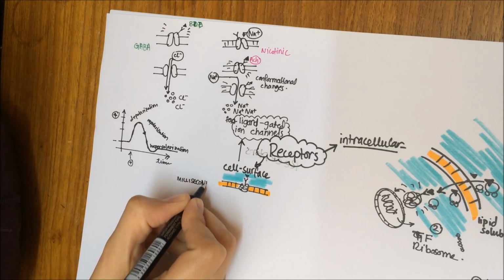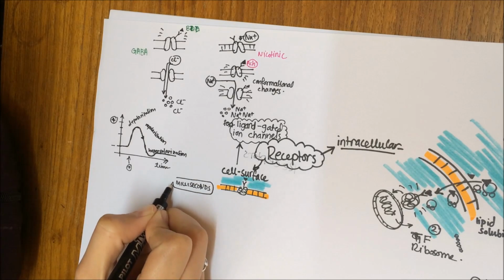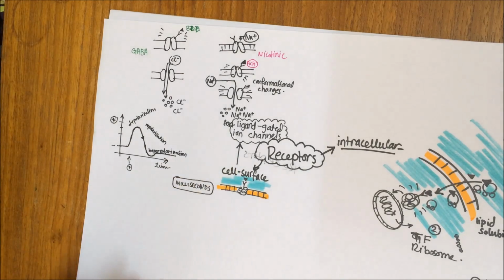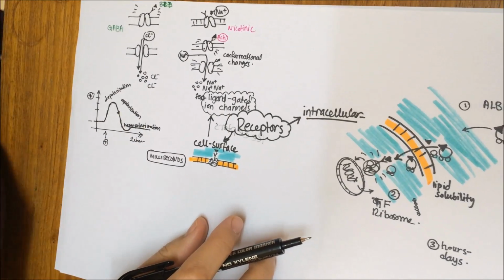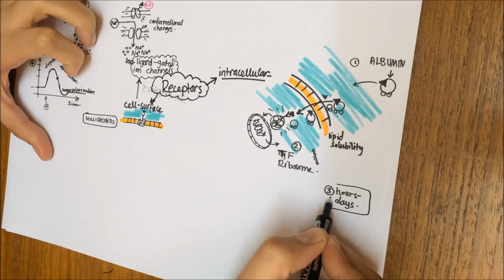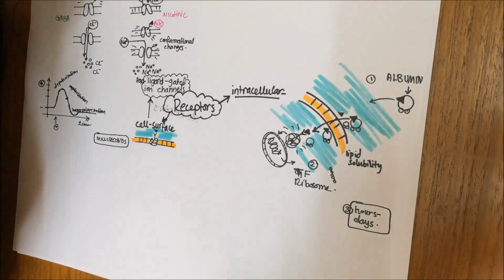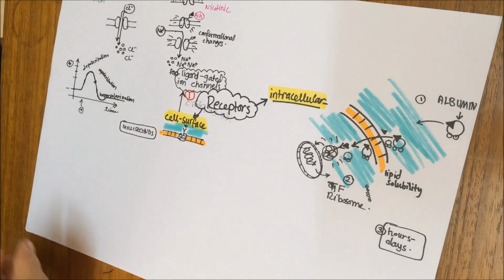It is very fast because you just open the channel and the ions will get to the inside. In comparison with the intracellular receptors, which take hours to days. Just to make things clear, this is one.